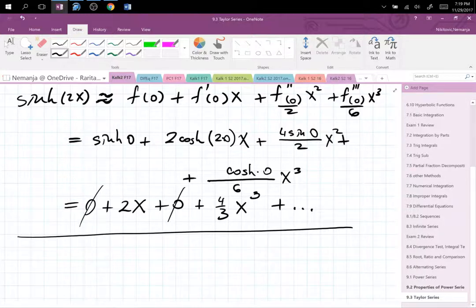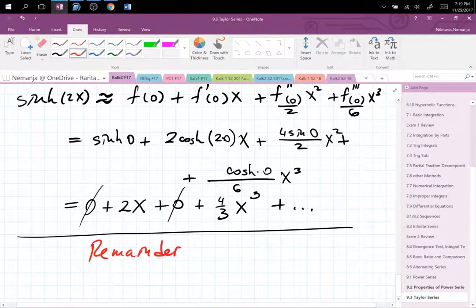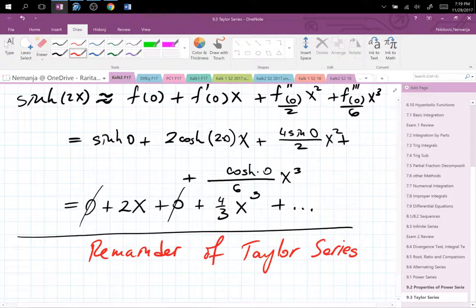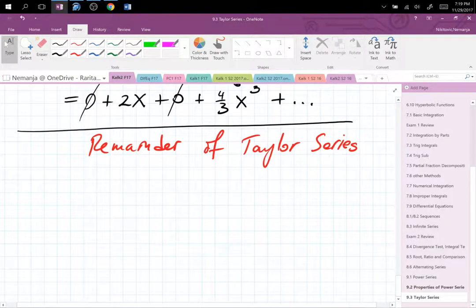So what's the remainder? The remainder is just the next term.